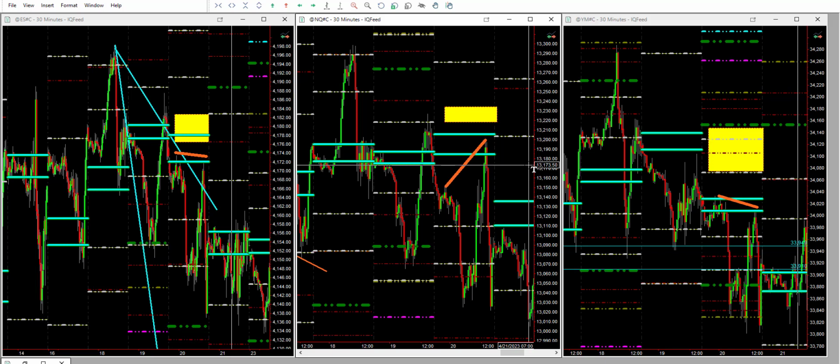The other ones did not make higher highs. So two markets are showing weakness. One is showing strength. If you want to short a market, which one is suitable to short? I hope you get my hint here, what I'm trying to say.